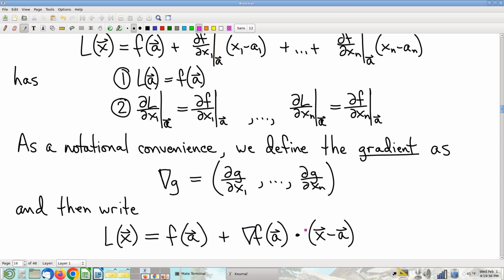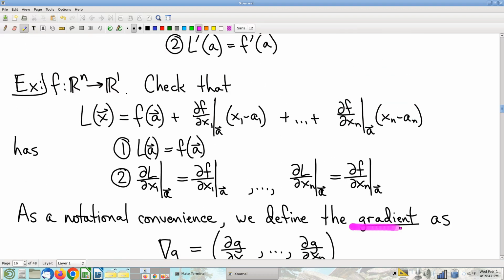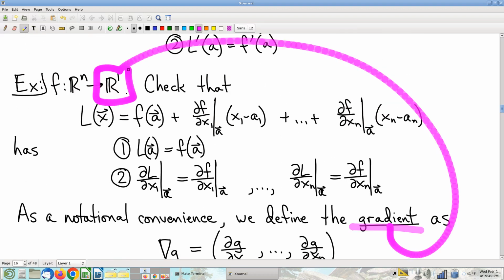All right, go ahead. Is there a difference between the gradient and the Jacobian? Yes. The word gradient applies only if you are talking about a real valued function. The gradient is a vector and it's for real valued functions only.